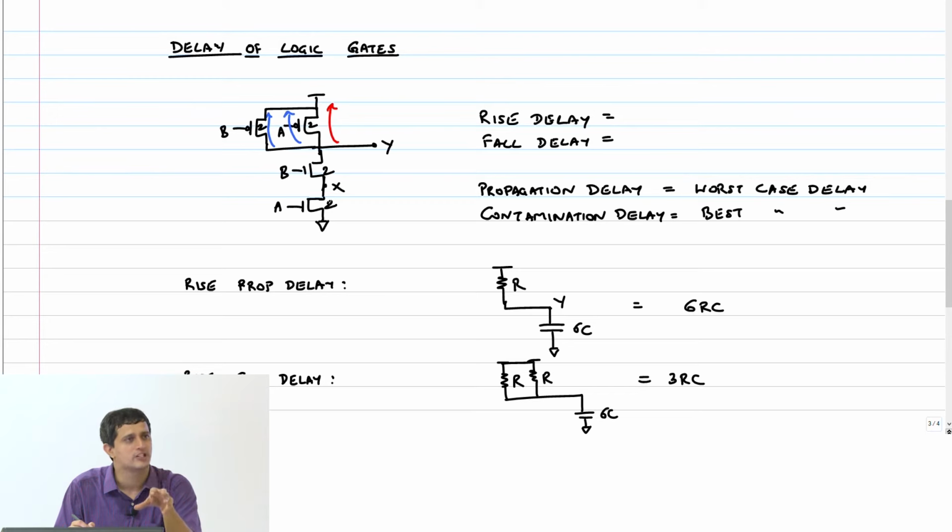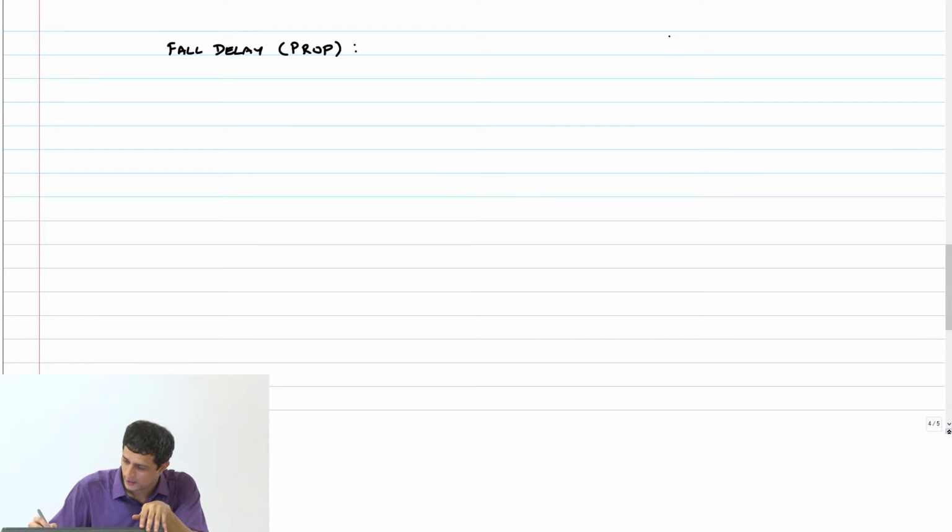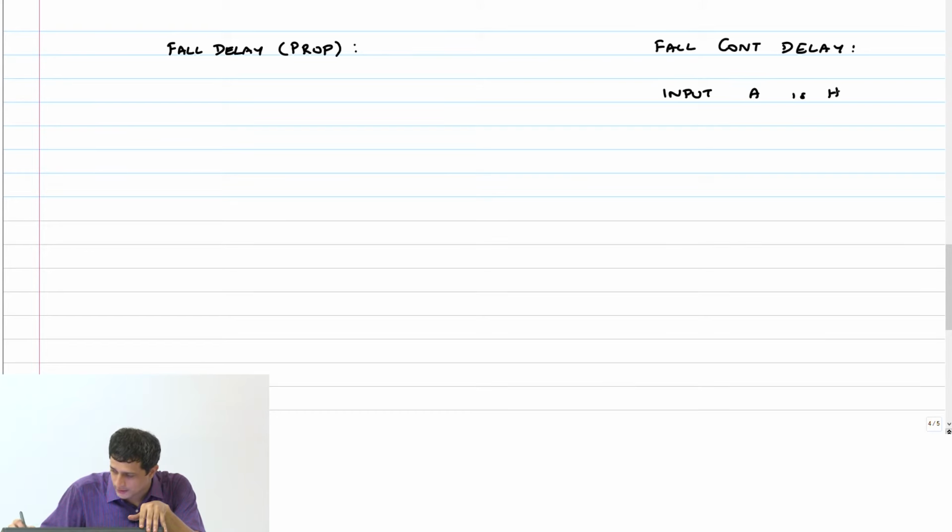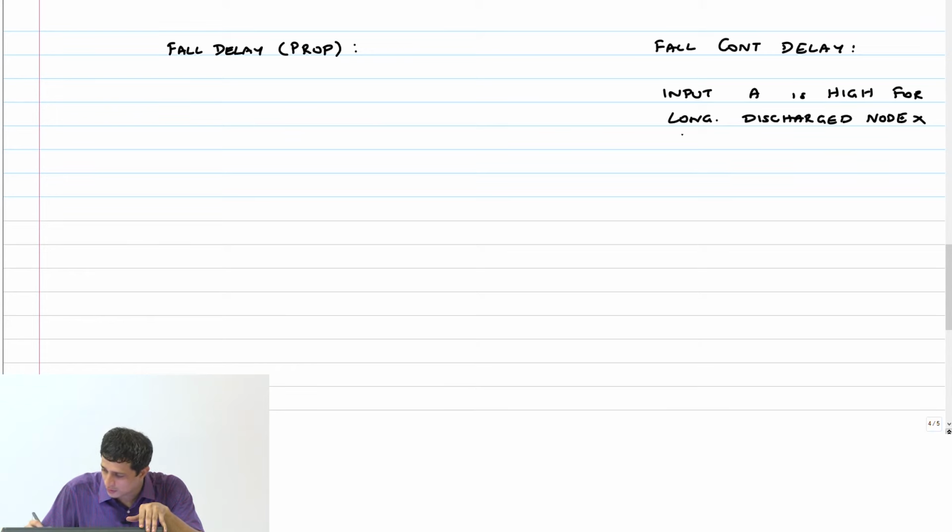So therefore the fall contamination delay is: input A is high for long, and discharged node X to ground.